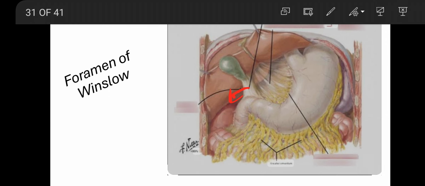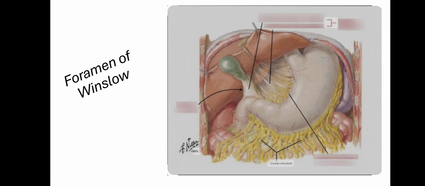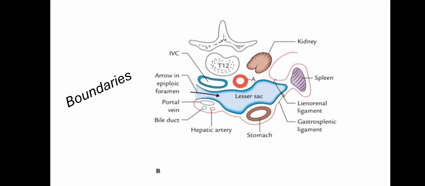You can see a pit and that is called the foramen of Winslow or epiploic foramen, that is going to connect your greater sac with the lesser sac. This hole or pit is going to connect the greater sac that is in front of the stomach with the lesser sac that is behind your stomach. So that is your epiploic foramen or foramen of Winslow.